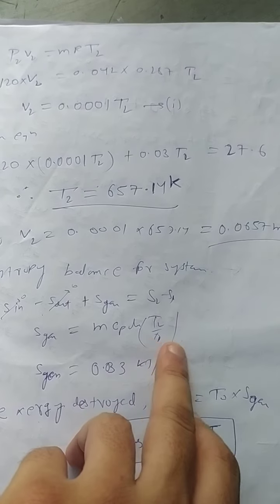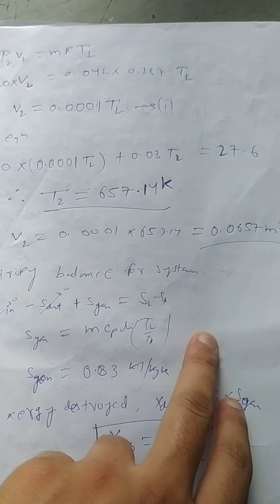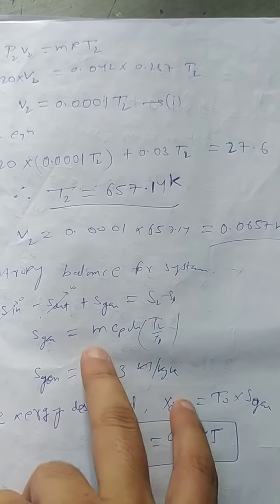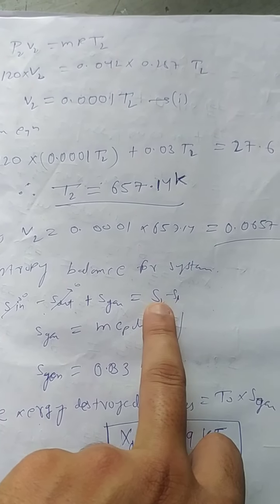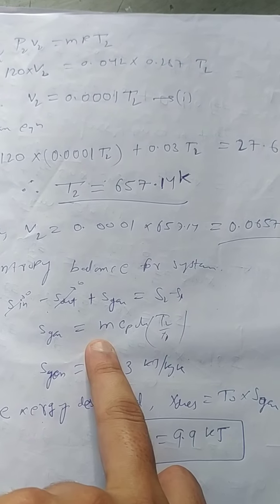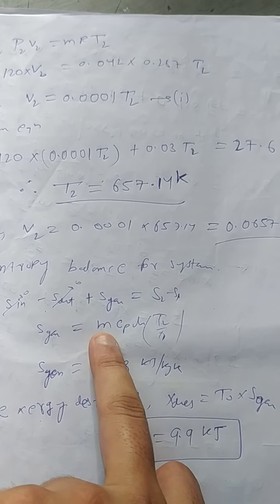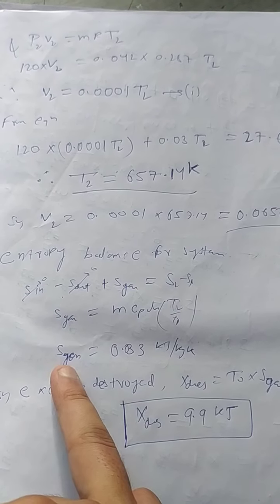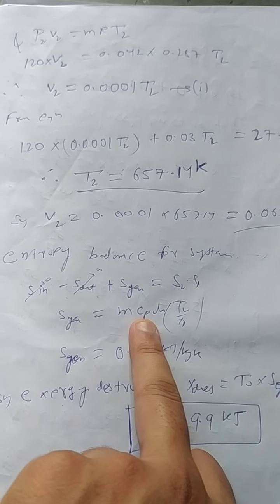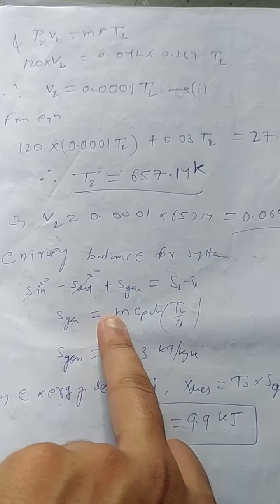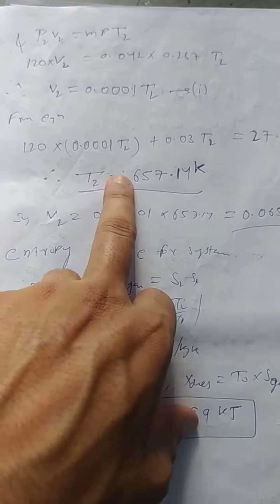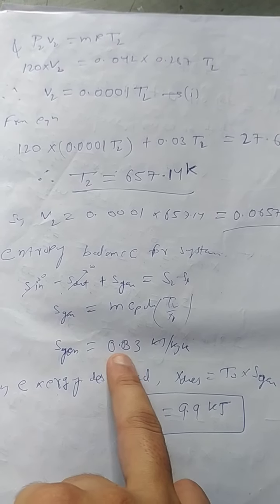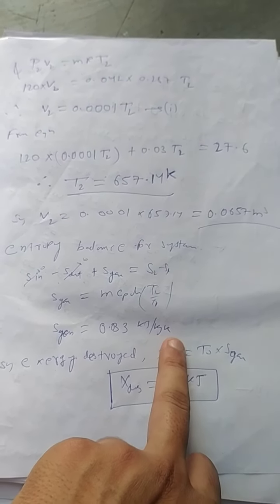Here the pressure term is not there because the pressure is constant and it would come out to be 0. So S2 minus S1 is equal to m Cp ln T2 by T1. So putting all the values, Cp is 1.005, mass, ln T2 by 300, will give S generation to be 0.033 kilojoule per Kelvin.